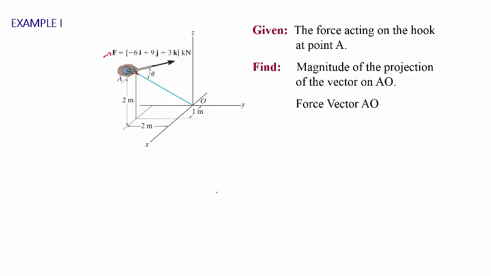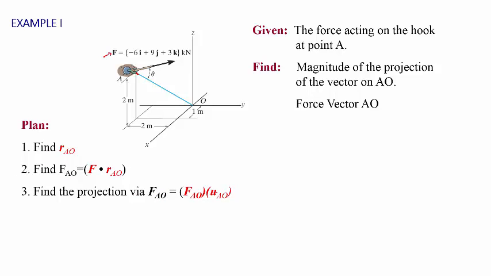So what we need to do in this case is find the position vector from A to O. And so the force from A to O is the dot product of the force, and this is a vector, dot RAO. So let's do this first part.